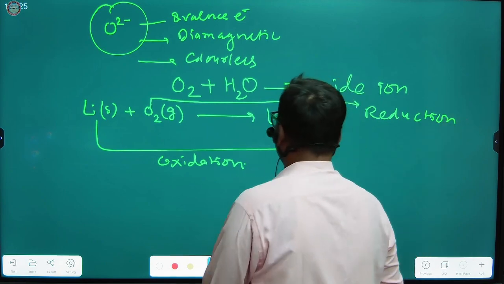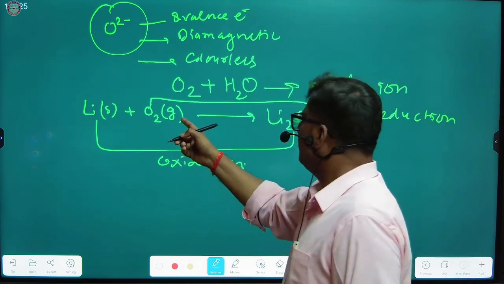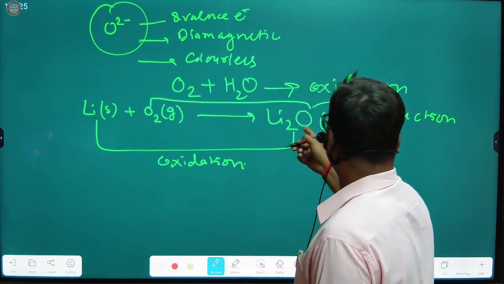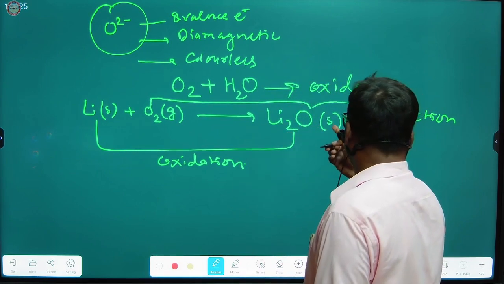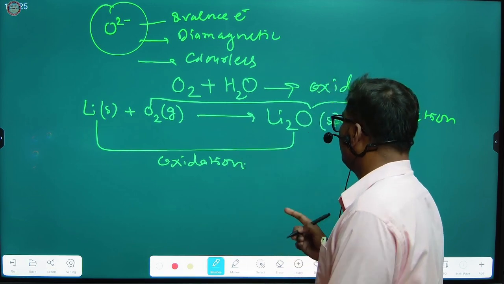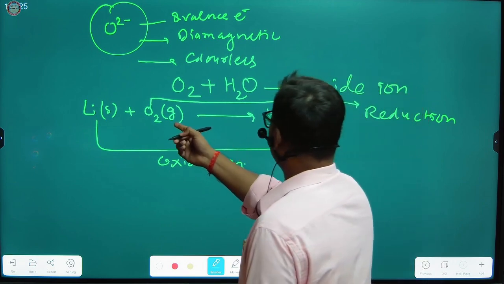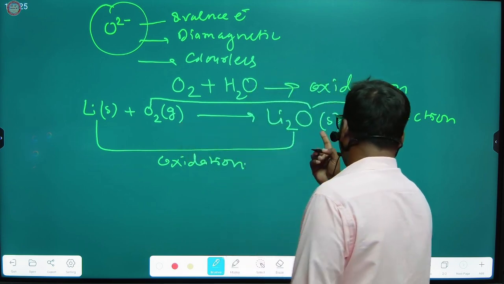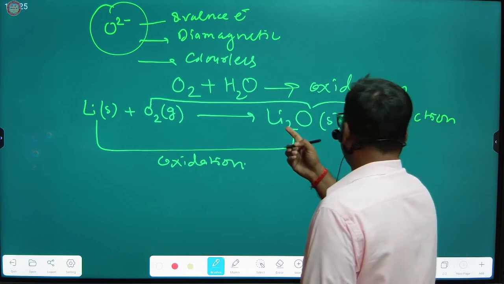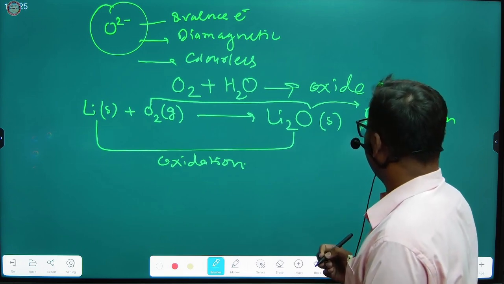Reduction means once lithium reacts with oxygen, they form lithium monoxide in a solid phase. In this reaction, lithium undergoes oxidation through the release of one valence electron, and the oxygen molecule gets reduced to the oxide ion. So this is what we call lithium oxide in a solid state.